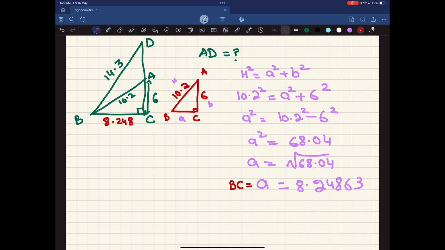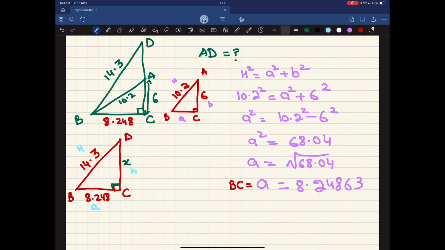We have BC, we have BD. Let's draw the triangle BDC separately. So this is 8.248. This is 14.3. Let's find DC. DC is x. This is a right angle triangle. Let's label the sides.